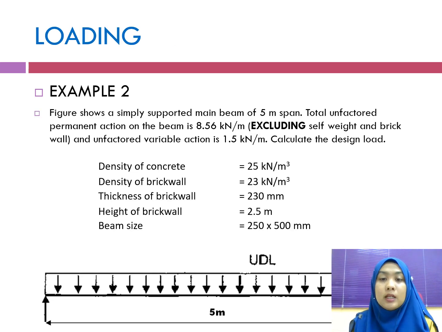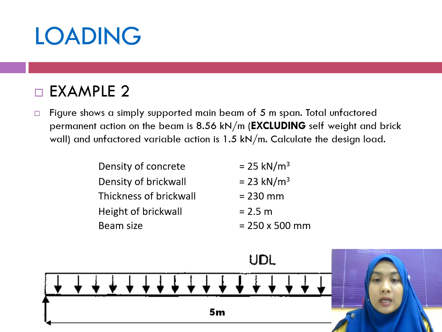Okay, let's try another example. Example number 2. Here is the same question, except that the given 8.56 excludes self weight and brick wall. It means the self weight load and the brick wall load are not included, so you need to calculate the self weight of the beam.